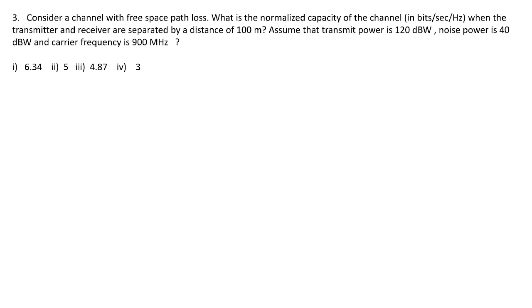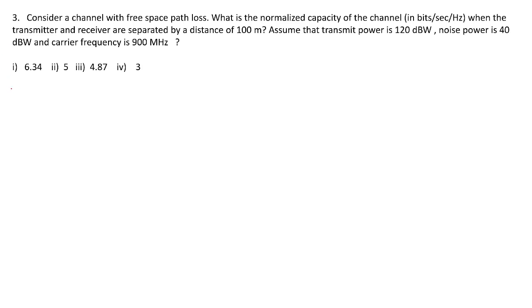And by the way, whenever we say dBW, you must know that it is a dimensionless ratio, so it always refers to some reference power. And here the carrier frequency is mentioned to be 900 megahertz.